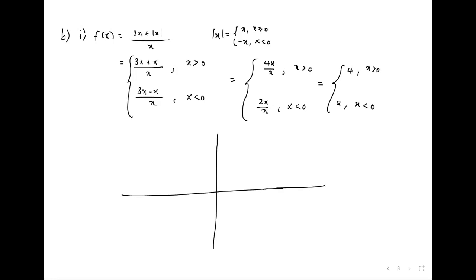So you start from there, going this side, 4, and start from here, going this side, that is 2. So the function will be 2 for all the values of x that are less than 0, for example -1, -2, -3, giving us 2, a constant function. And for 1, 2, 3, giving us 4, a constant function.